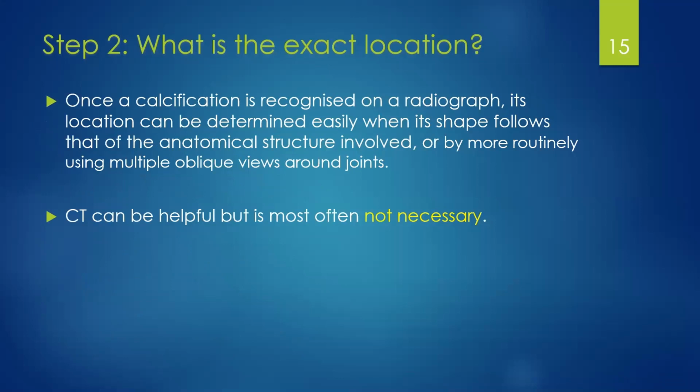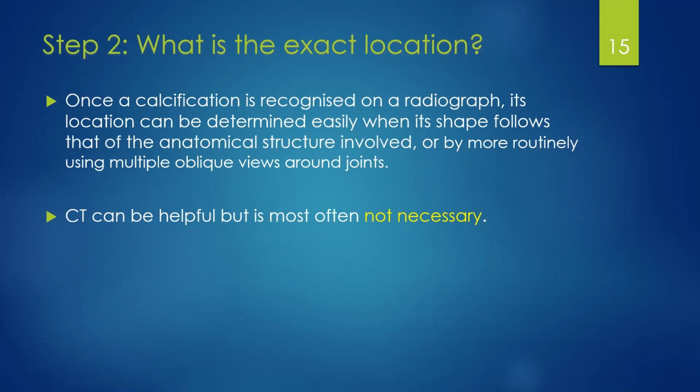Step 2, location. Once a calcification is recognized on a radiograph, its location can be determined easily when its shape follows that of the anatomical structure involved, or by more routinely using multiple oblique views around joints.